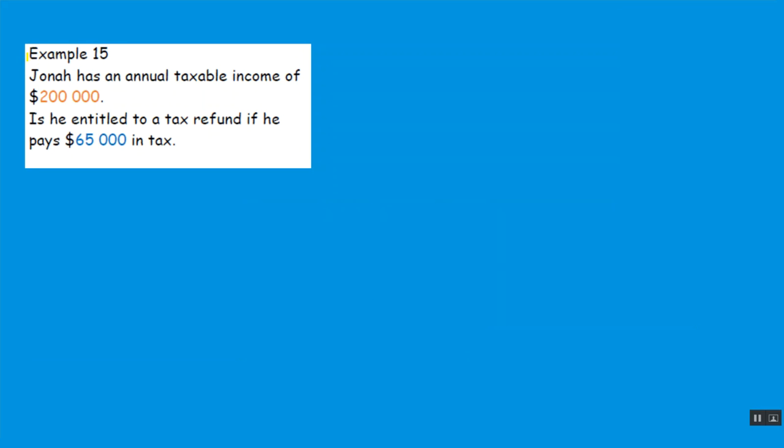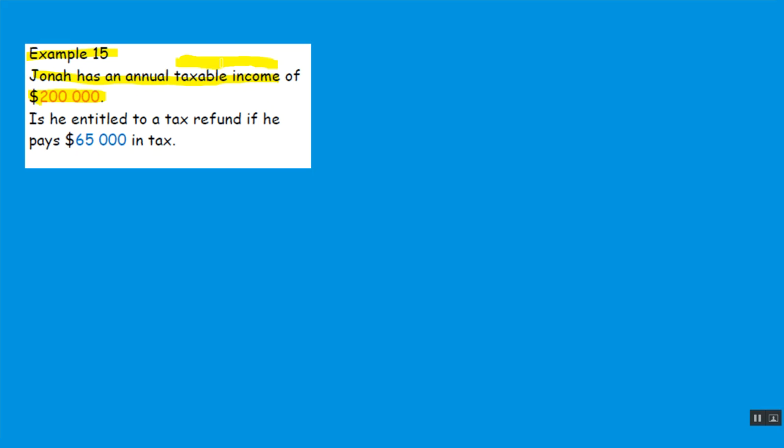In example 15, we have Jonah, who has an annual taxable income of $200,000. So it says taxable income here because there are things that you can do to reduce the income that you need to pay tax on. So if you give money to charity, you don't have to pay tax on most charities.